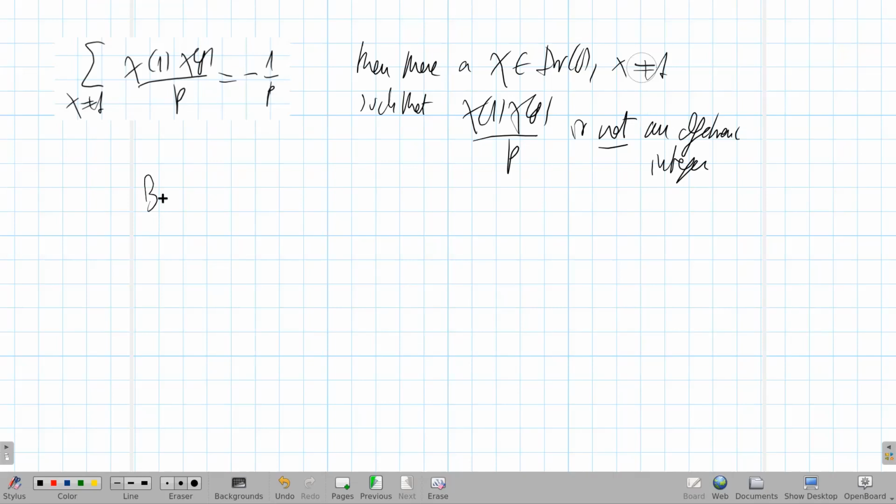But then this means that p does not divide chi 1. Remember, chi 1 is an integer, the size of a matrix.